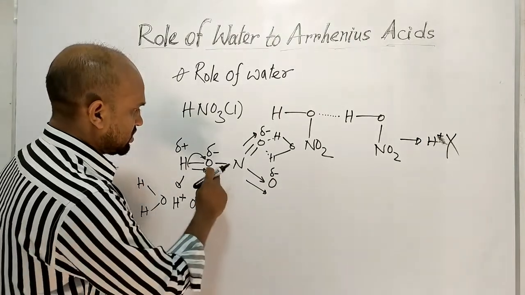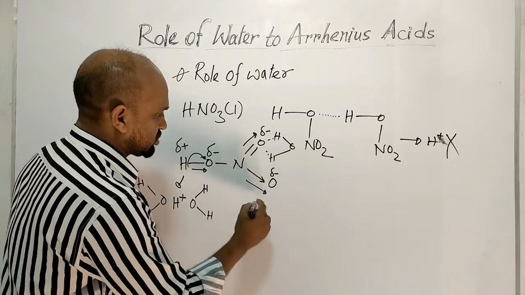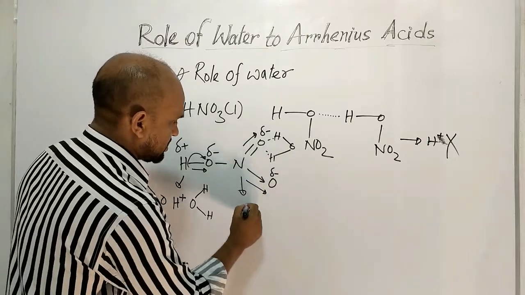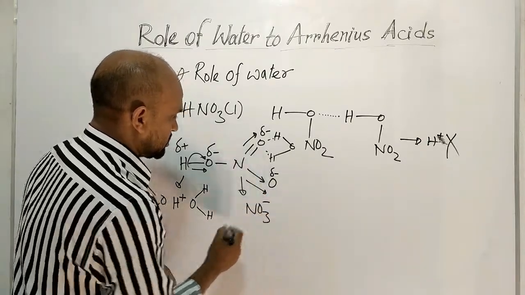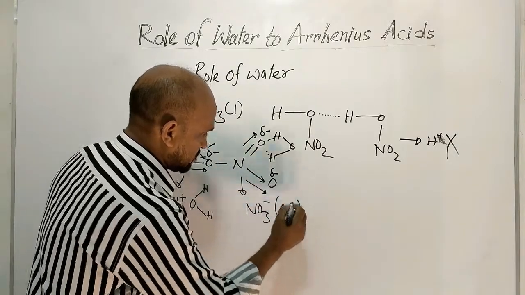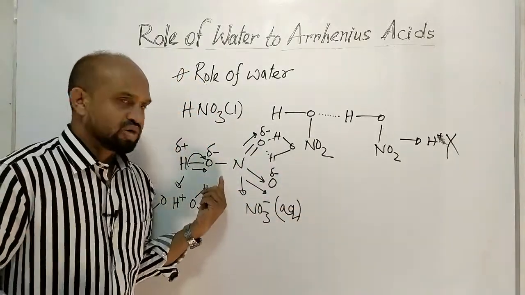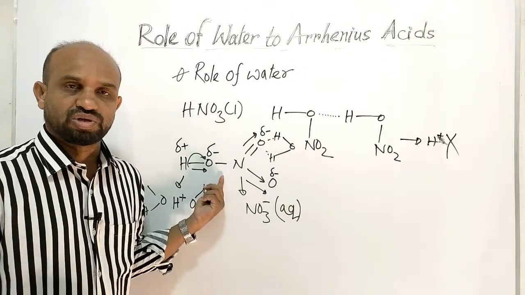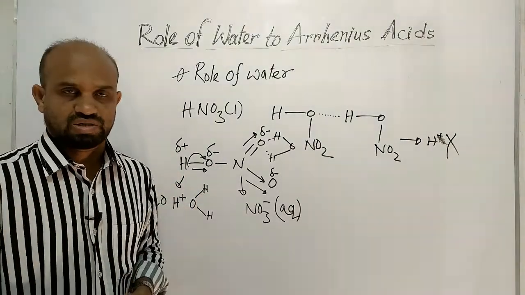And at the same time, the nitrate ion is formed from here, which is surrounded by water molecule. So this is the way by which nitric acid produces protons in water.